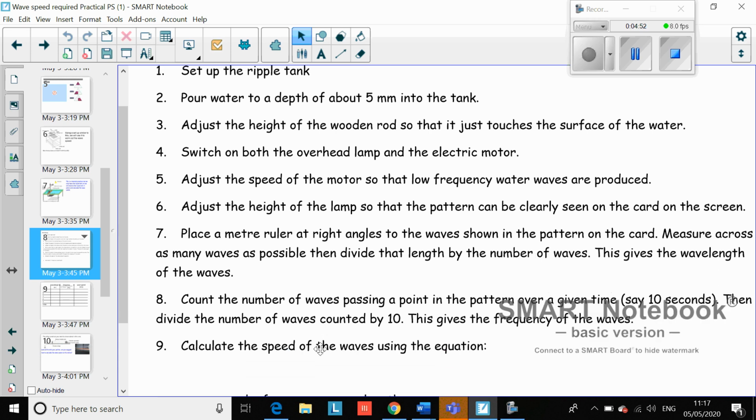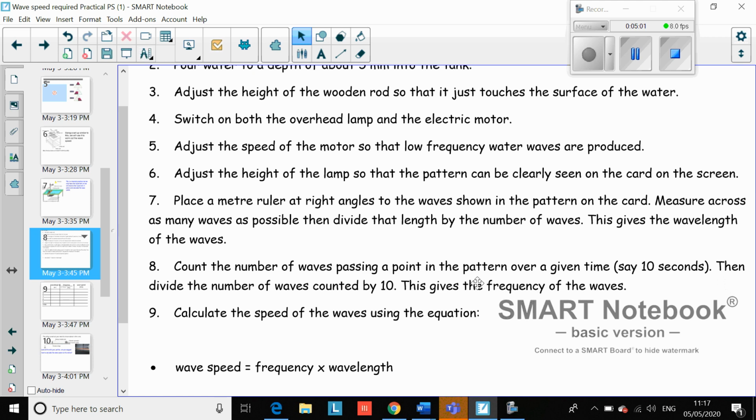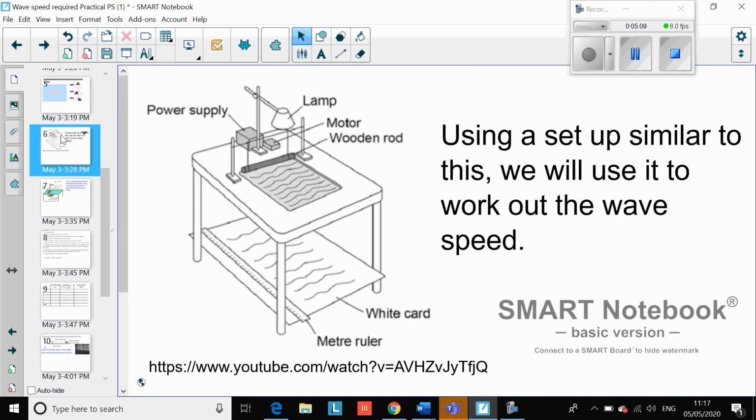So you've got your wavelength. How then do you work out the frequency? You count the number of waves passing a point in the pattern over a given time, say 10 seconds, then divide the number of waves counted by 10. This gives the frequency of the waves. Once again, it's going to be very difficult to count the number of waves passing a point each second.